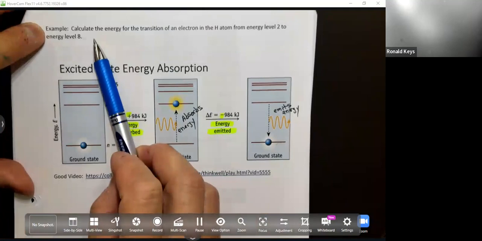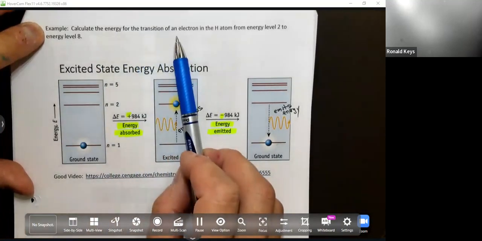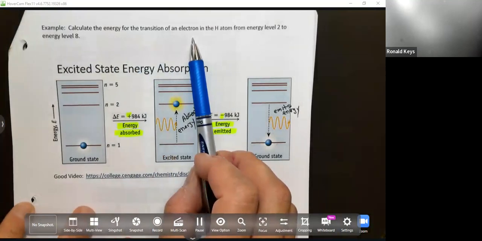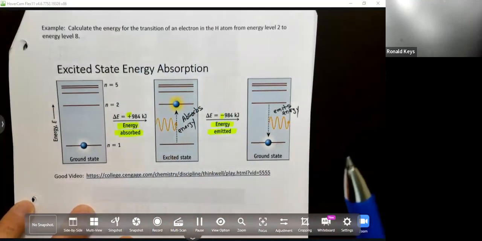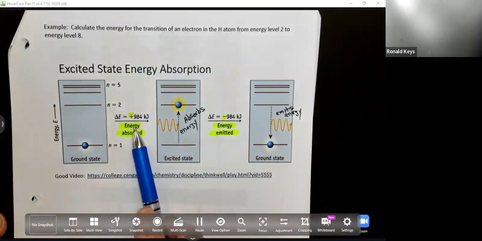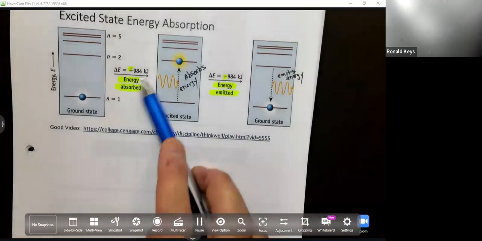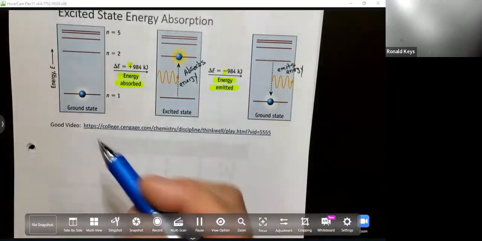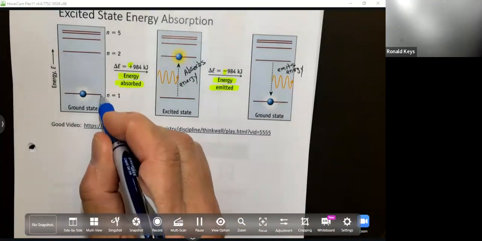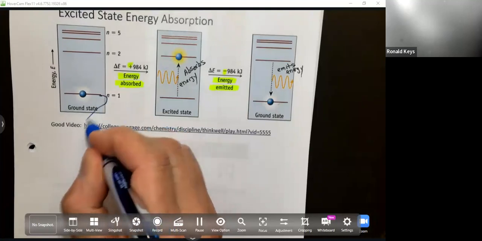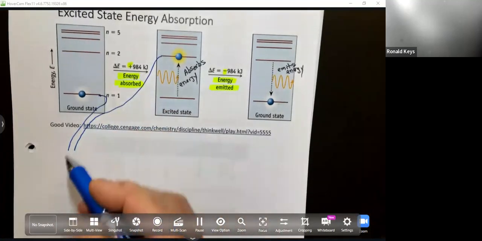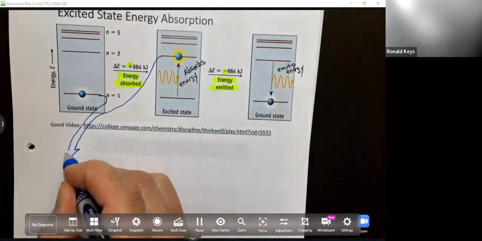So, calculate the energy for the transition of an electron. So I'm going to calculate this one first. Let's calculate this one down here first. Let's see if we can get this value right here. So we're going to start. Let's calculate this one. I'm going to draw my things here. Let's see if we can calculate this.